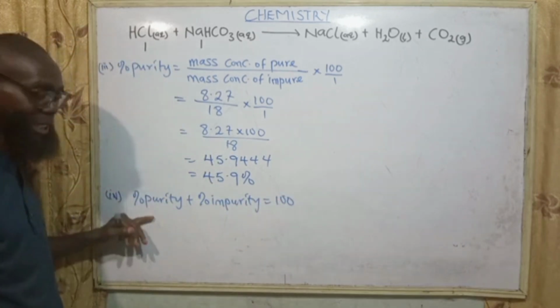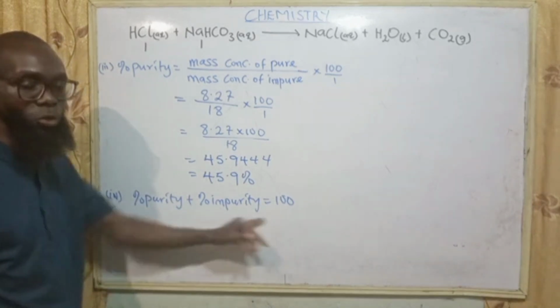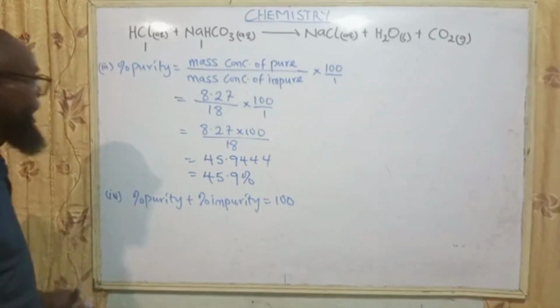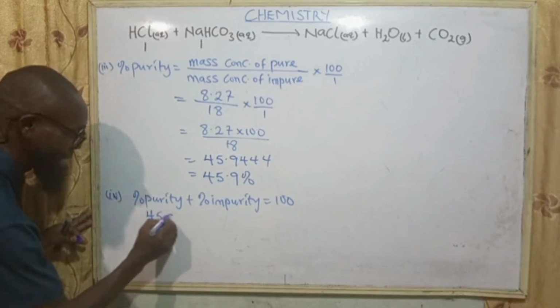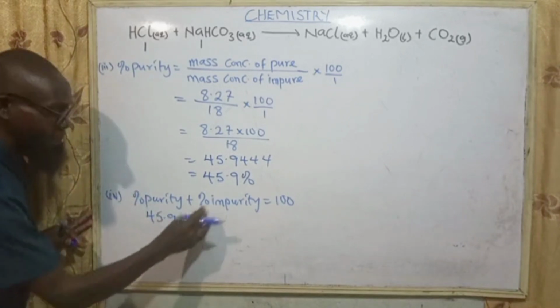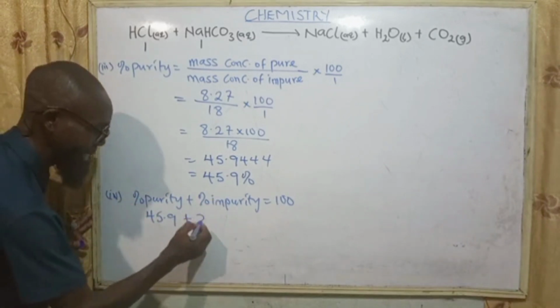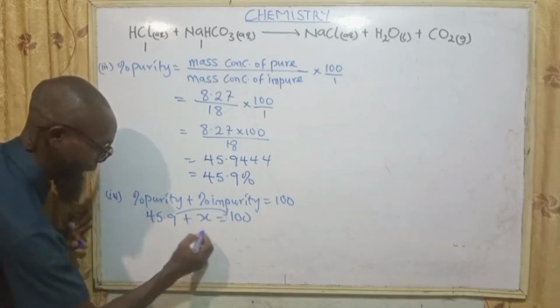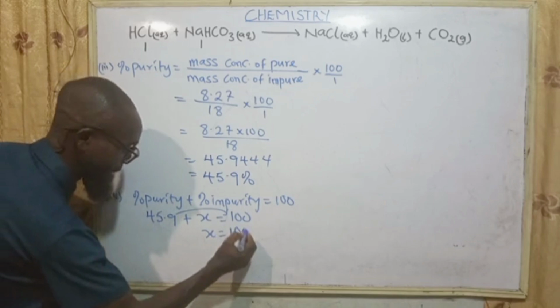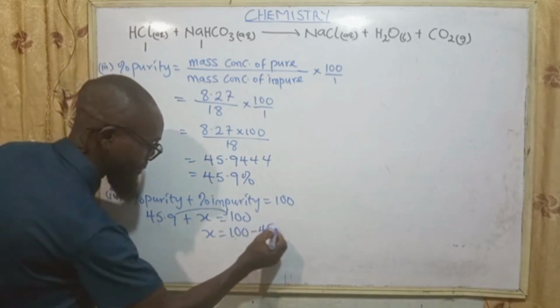So percentage purity plus percentage impurity should be equal to 100. And we have gotten the percentage purity here to be 45.9 plus percentage impurity, let's call it x, equals 100. Cross multiply, x will equal 100 minus 45.9.